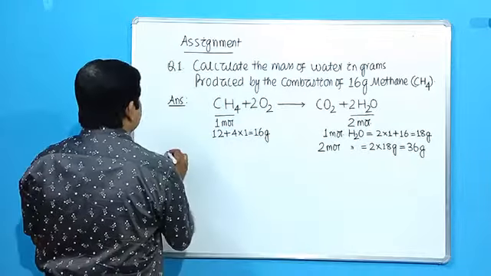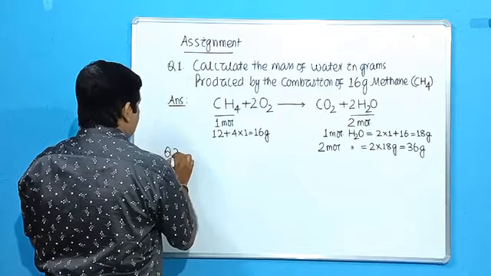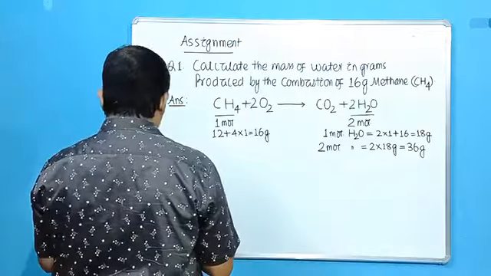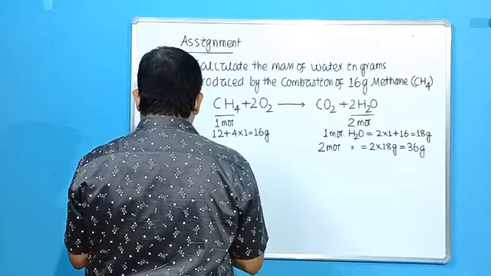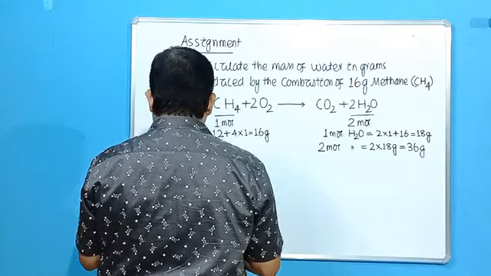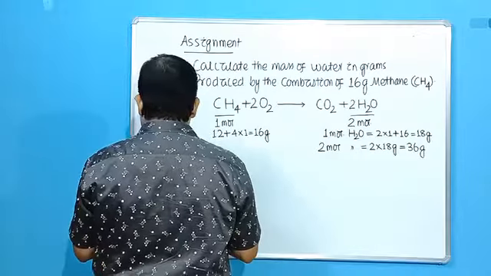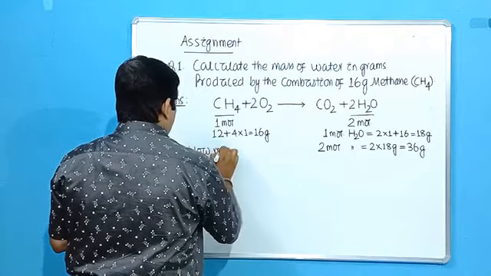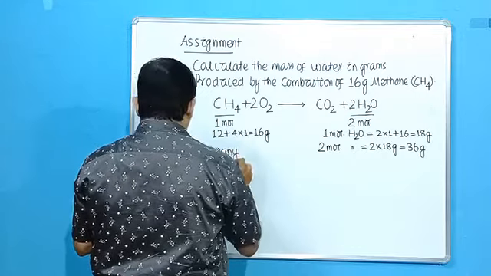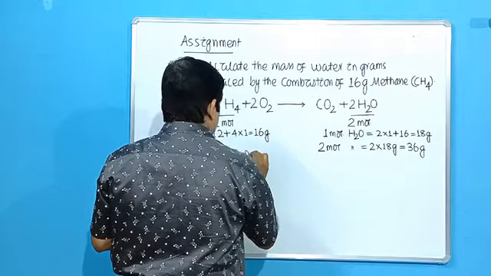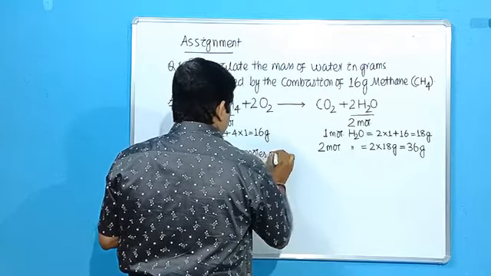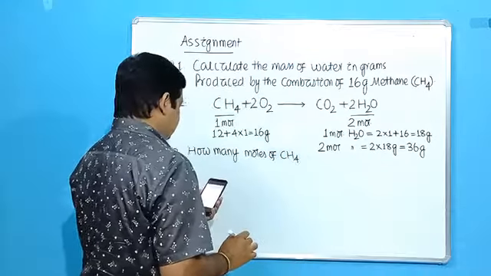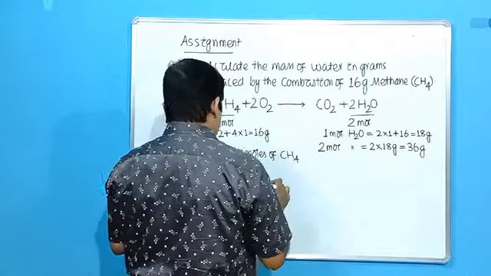Then we will go for question 2. Let us see what the question is. How many moles of methane are required to produce 22 gram carbon dioxide after combustion? I am directly writing CH4; you know the methane formula is CH4.